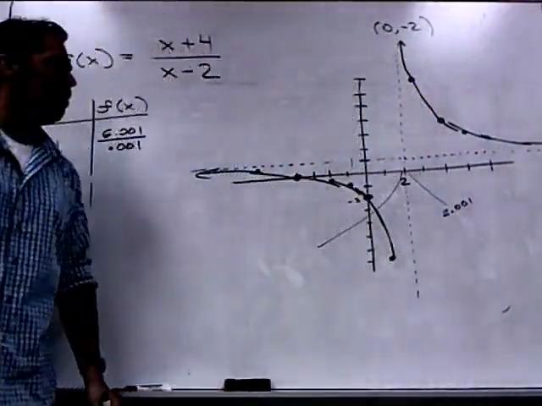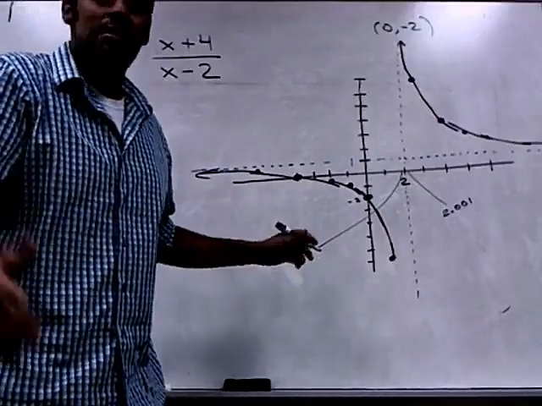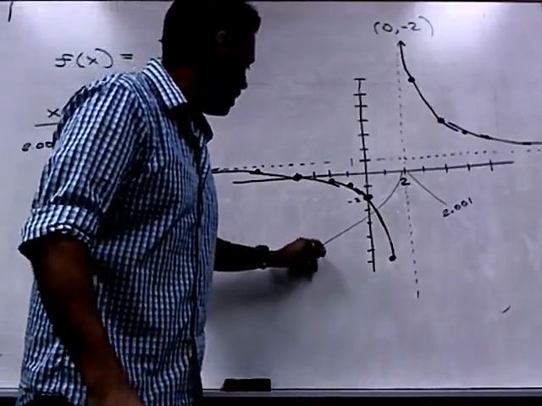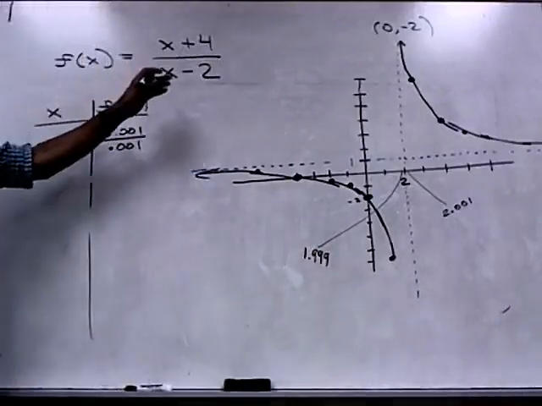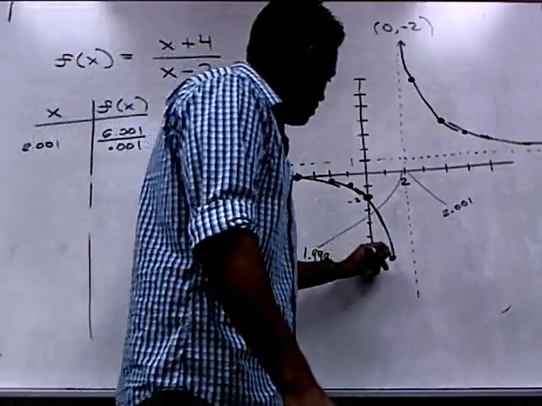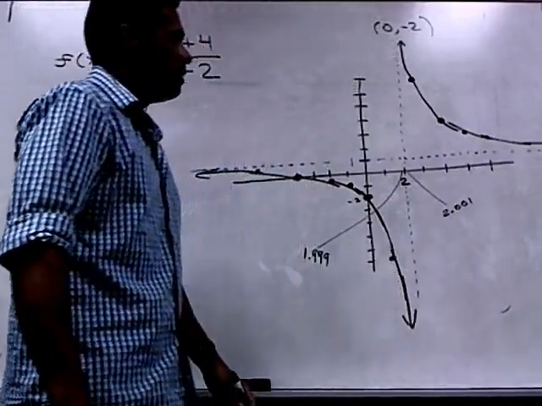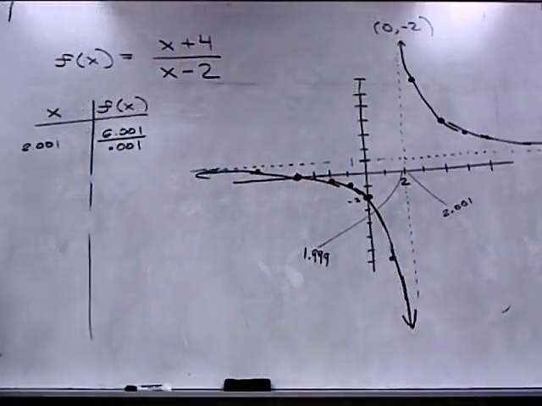What would be a good number to plug in on the other side of 2, on this side? 1.99999 or something like that? Now, we won't go through it. But if you plug 1.999 into the function, you're going to get a huge negative number. And so that will verify that what this is doing is it's diving down forever like this. Okay? That is our first complete drawing of a rational function.